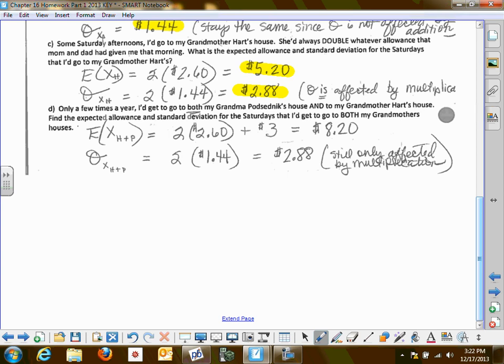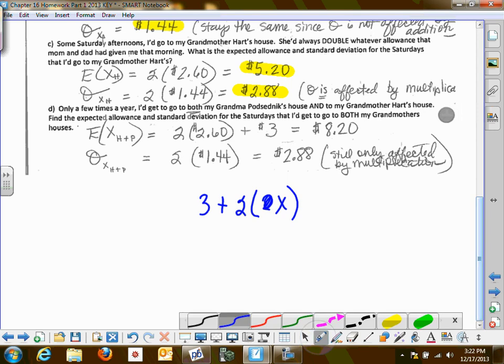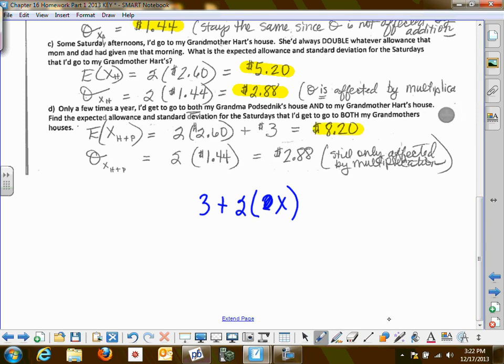That is a formula of $3 plus 2 times whatever was happening there. So, in this case, 820 is the expected average income, and the standard deviation stayed the same because it was only affected by the multiplication by 2.